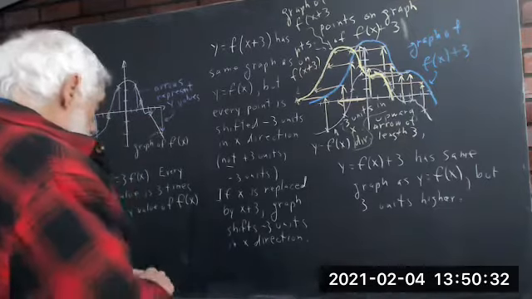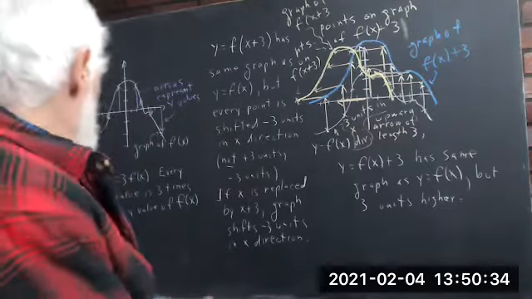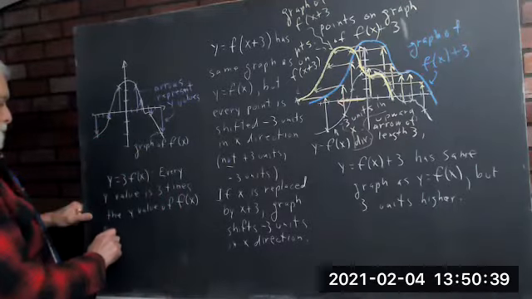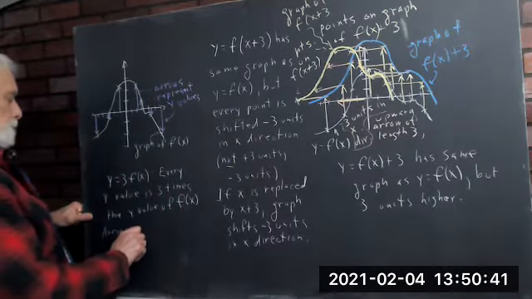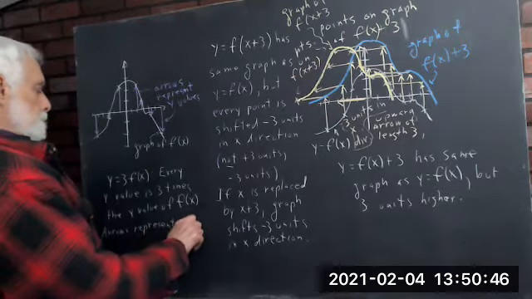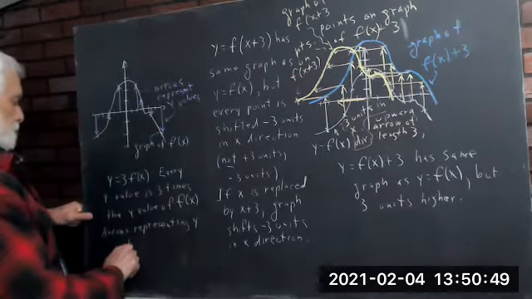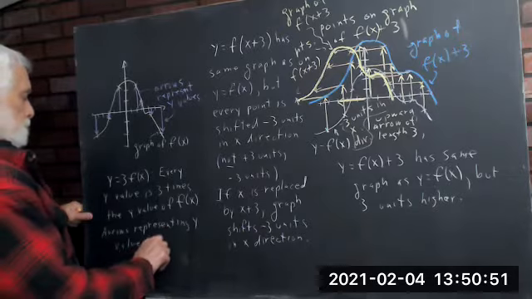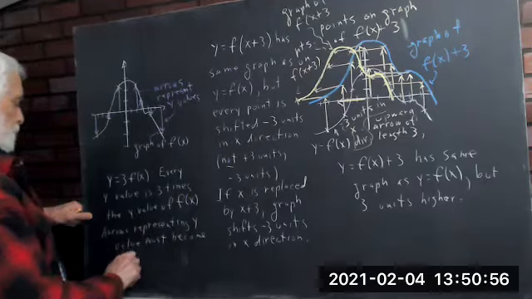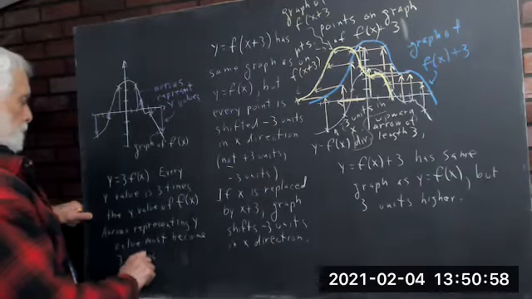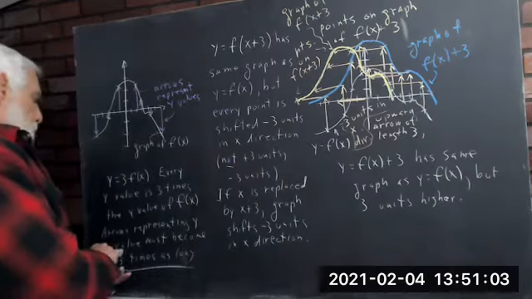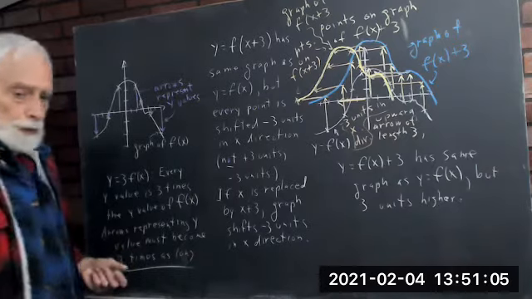So how do I do that? Arrows representing Y values must become 3 times as long.